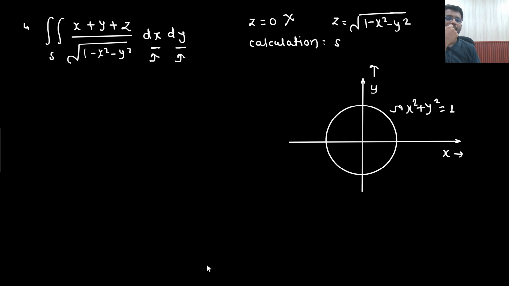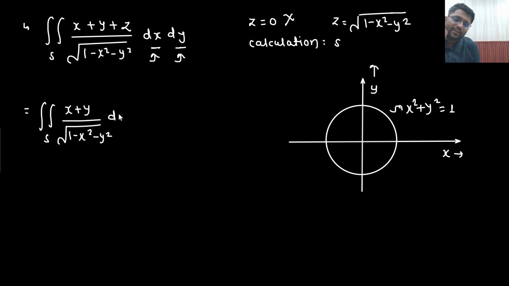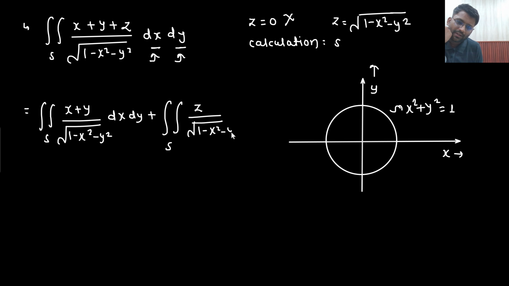So in that manner, I need to put the limits. So what is my integral? The integral looks somewhat like this: x plus y upon under root 1 minus x square minus y square dx dy, plus, for the same surface S, z upon under root 1 minus x square minus y square dx dy. Why did I put it separately?